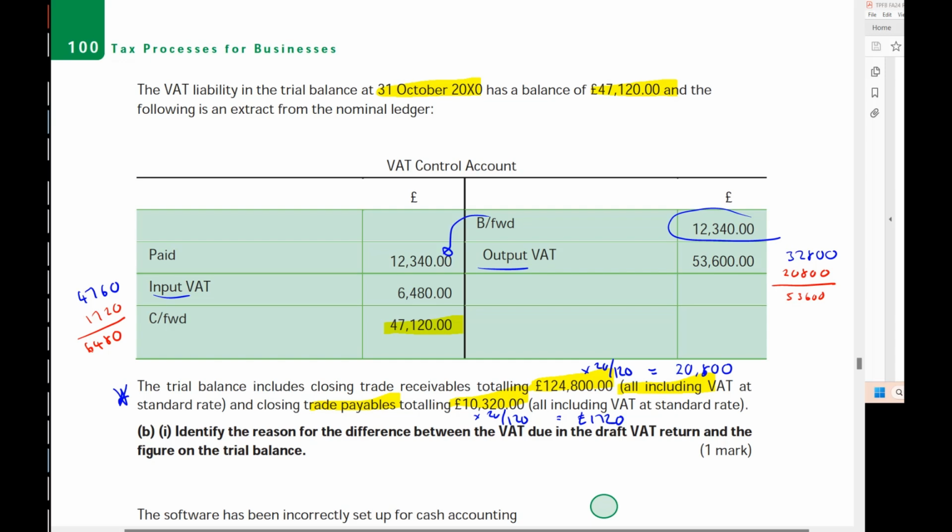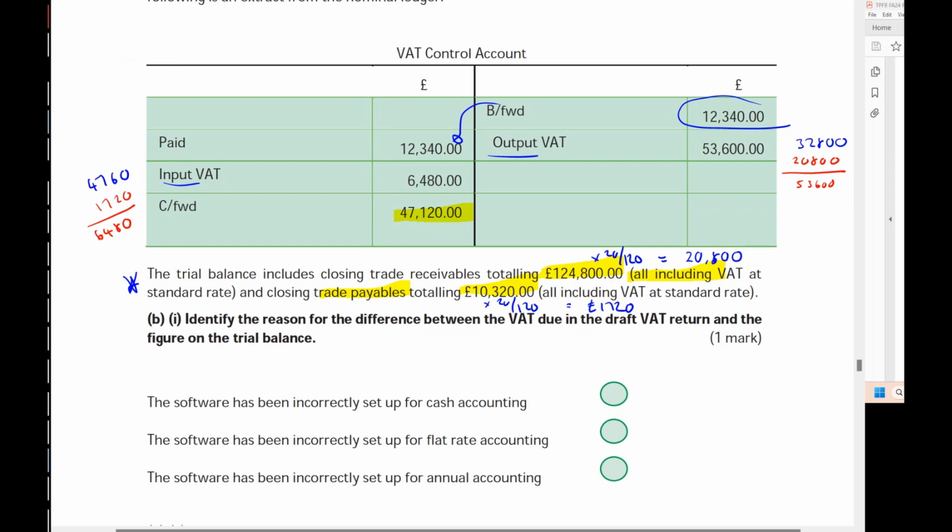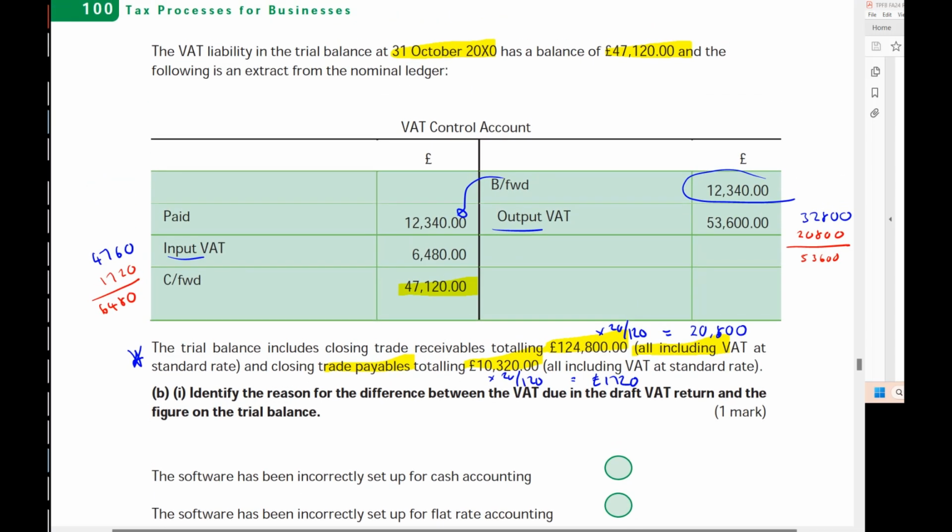So the question is, what's actually wrong here? It's suggesting something is wrong with the software. So these are the correct figures, because the options tell me the software is incorrect for one of three reasons. So the VAT control account itself is fine. The software isn't.